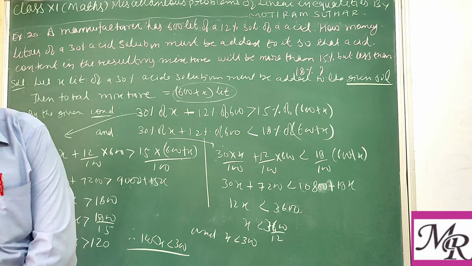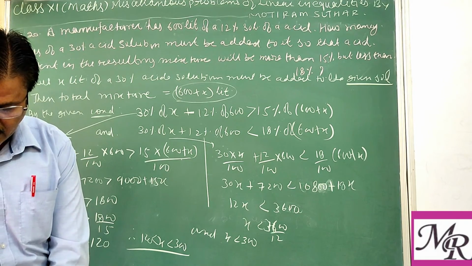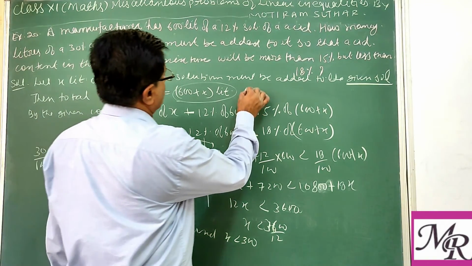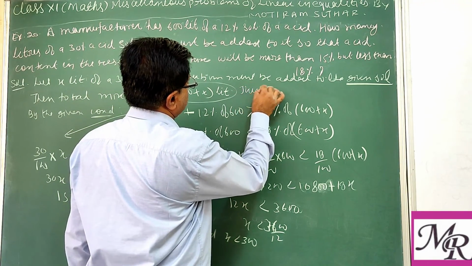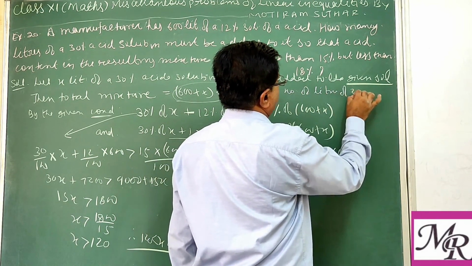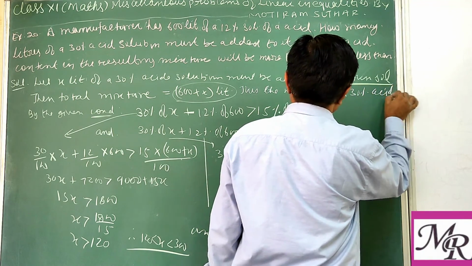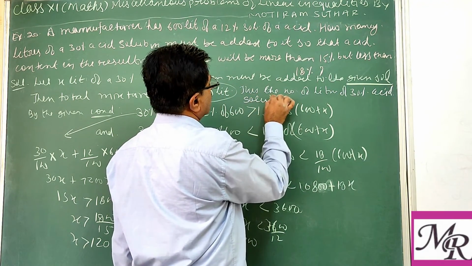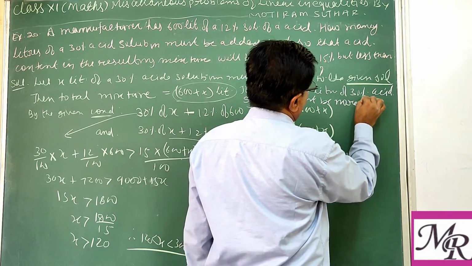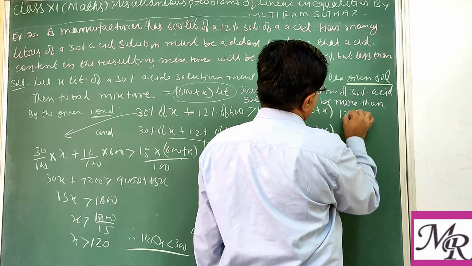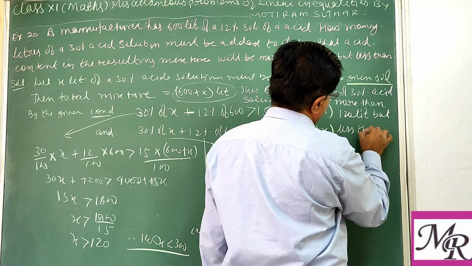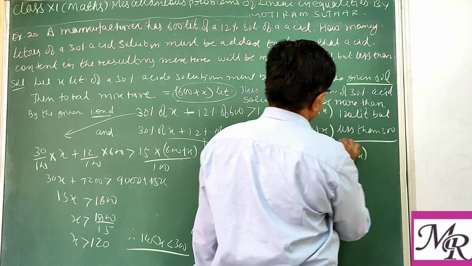So one may write at last: thus the number of liters of 30% acid solution must be more than 120 liter but less than 300.